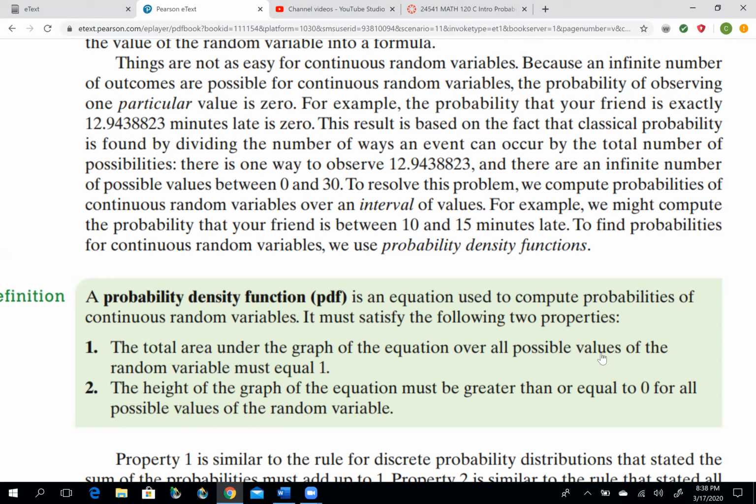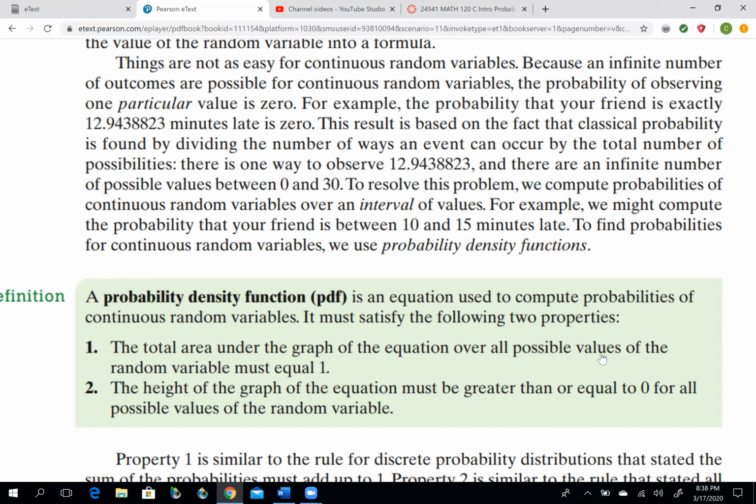Okay, guys, these are really important. One, the total area under the graph of the equation over all possible values of the random variable must equal 1.